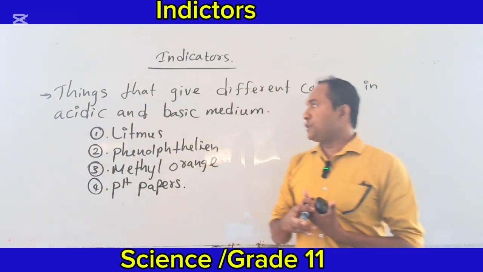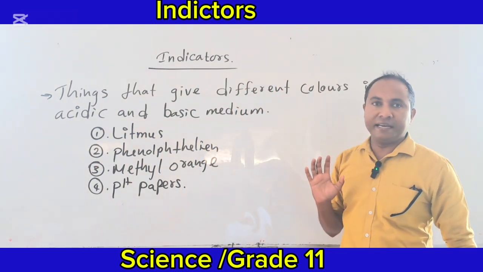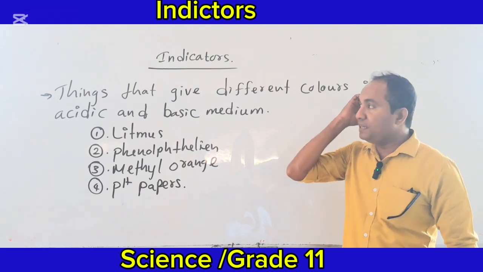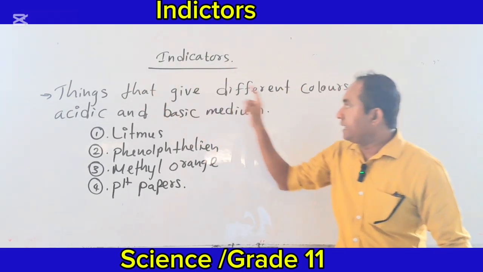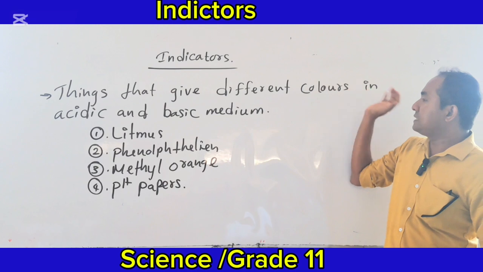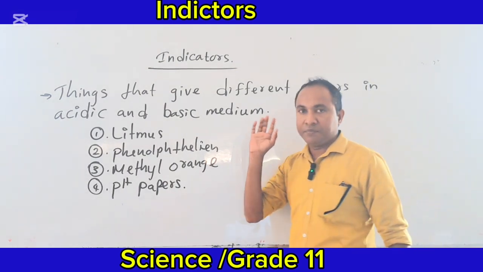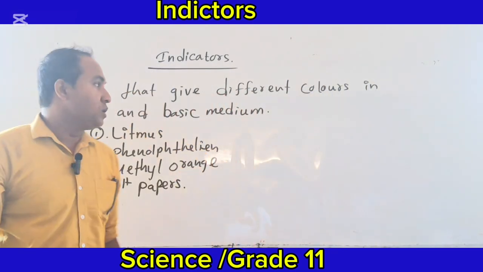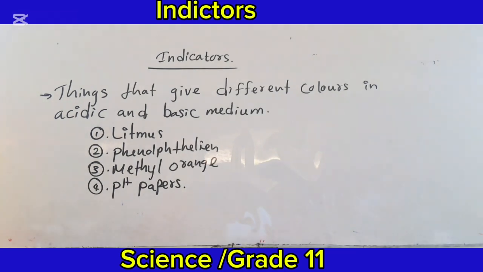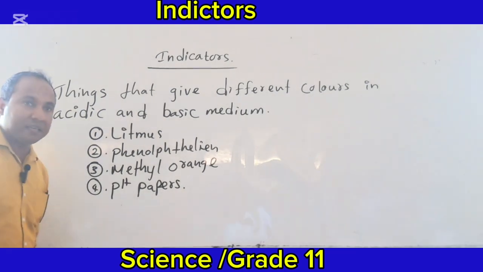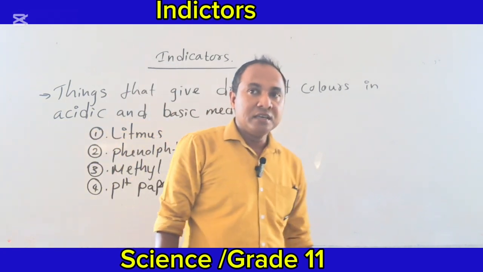Firstly, you learned what indicators are. Again, remember, what do you mean by indicators? Things that give different colors in acidic or basic medium. After that, you learned the different types of indicators: litmus, phenolphthalein, methyl orange, and pH papers are examples of indicators.